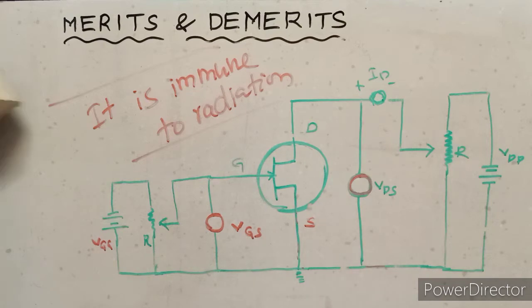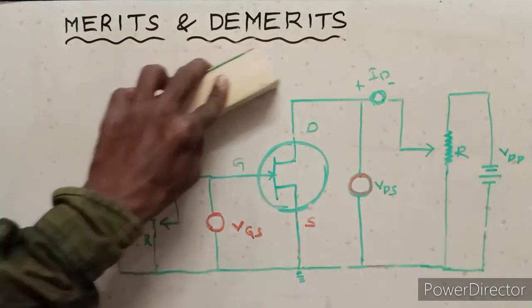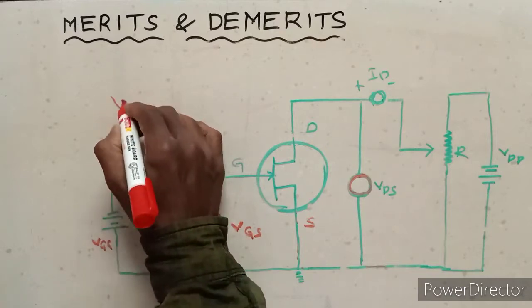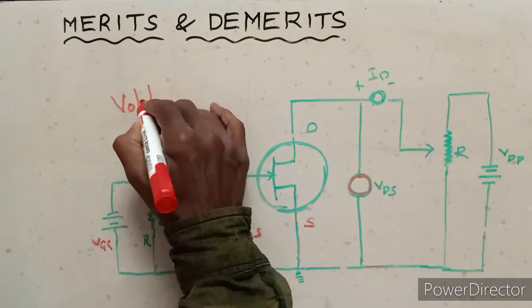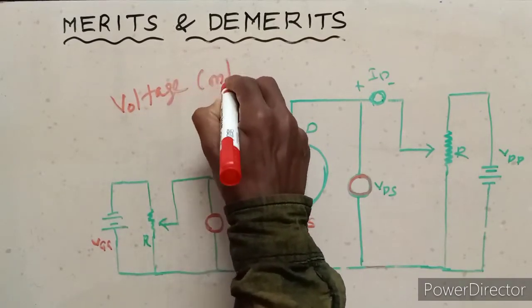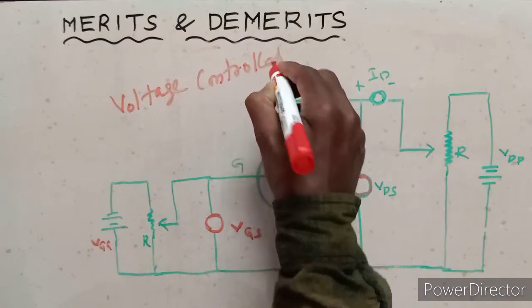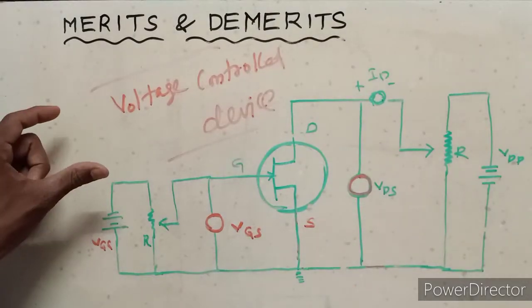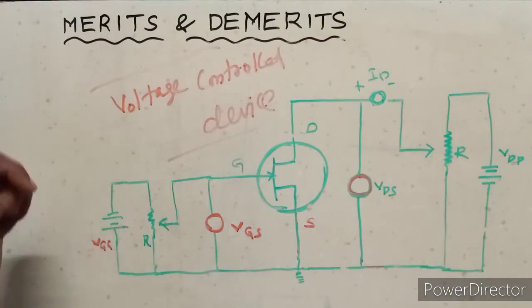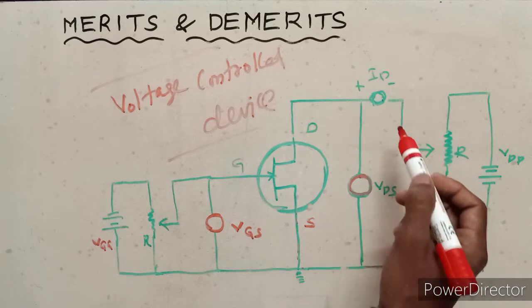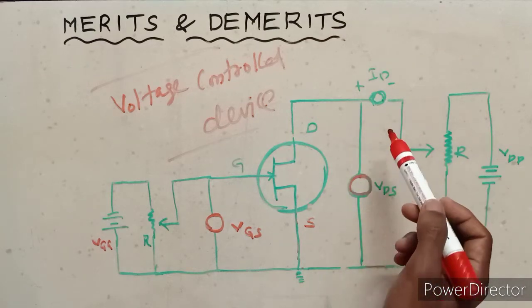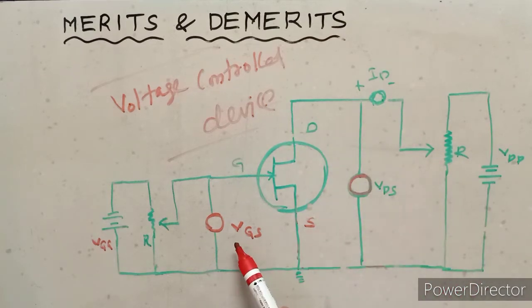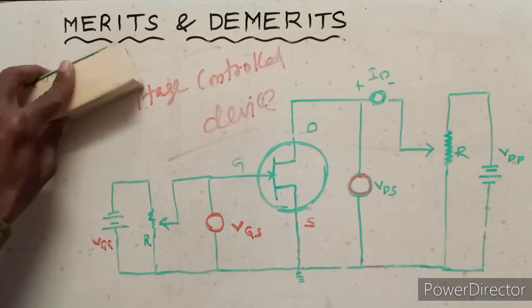Next, it is a useful voltage controlled device. Already we know that it is a voltage controlled device, because the current is dependent on the input voltage, that is the voltage between gate and source.